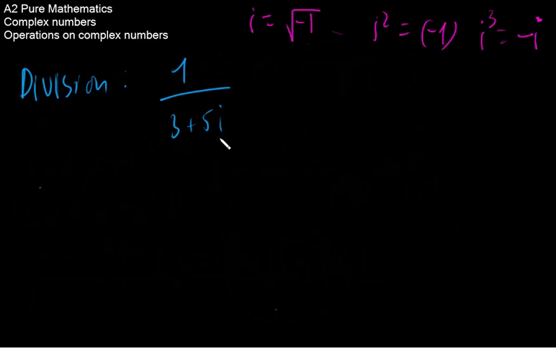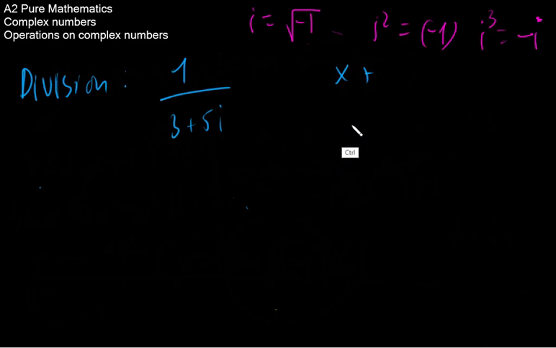Now if we multiply the denominator with the conjugate of the denominator, we'll get an integer. And so if we also multiply the numerator with that complex conjugate, we'll also be able to put it into the form of x plus yi.